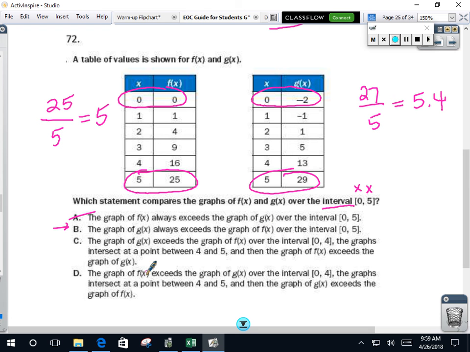The graph of f of x exceeds the graph of g of x from 0 to 4, but then they intersect between 4 and 5, and then g of x starts exceeding. Well, we know in the end g of x is bigger, but now they're talking about 0 to 4. So now we got to look at 0 to 4. For this one would be a run of 4 and a rise of 16, correct?